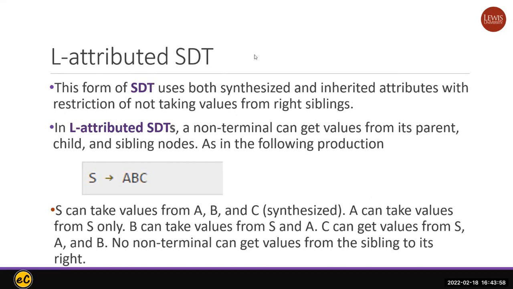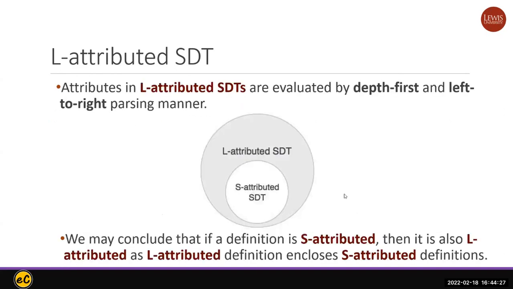So S attributed SDT is also part of the L attributed SDT. Okay, so in L attributed SDT, a non-terminal can get value from its parent, child, and sibling nodes as the following. Okay, so S can take value from A, B, C, and A can take value from S only, and B can take value from S and A, and C can take value from S, A, B, okay, whatever.